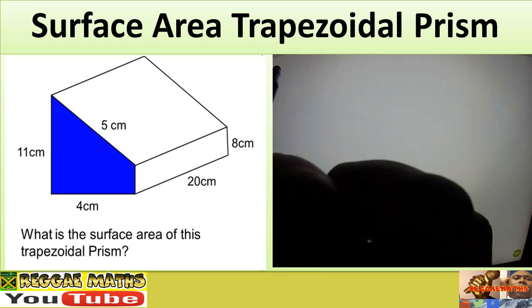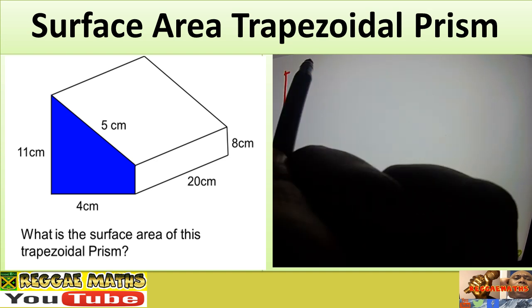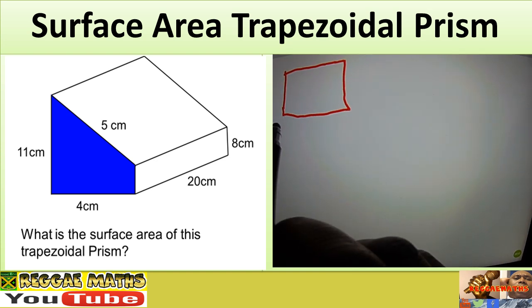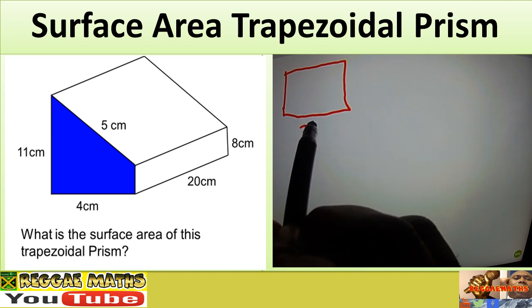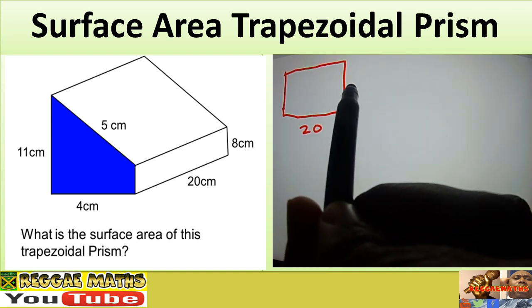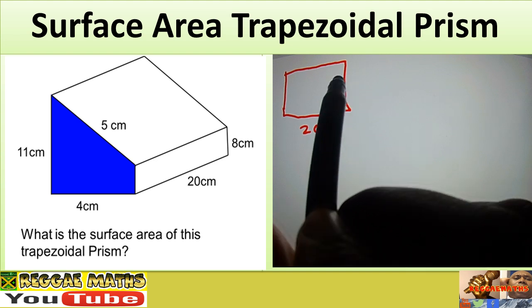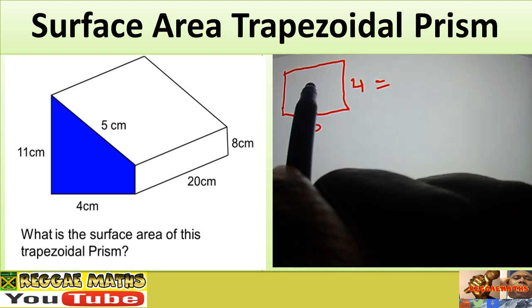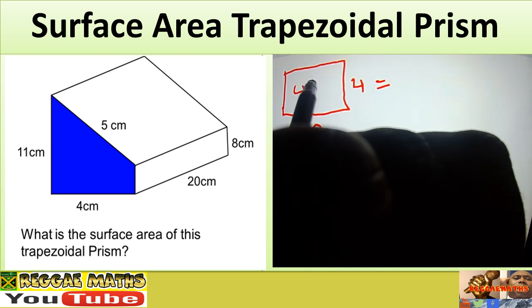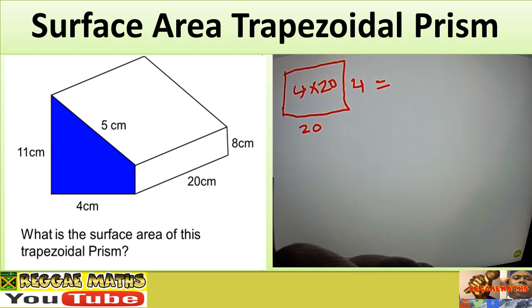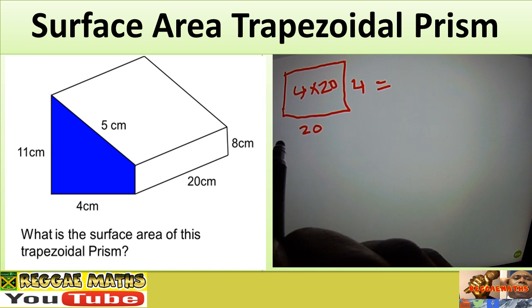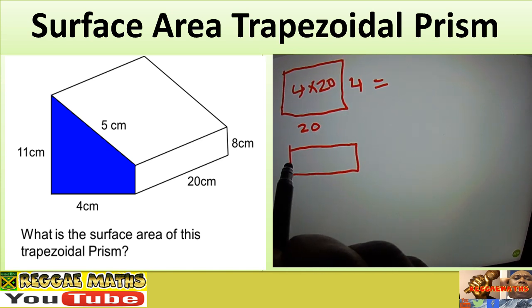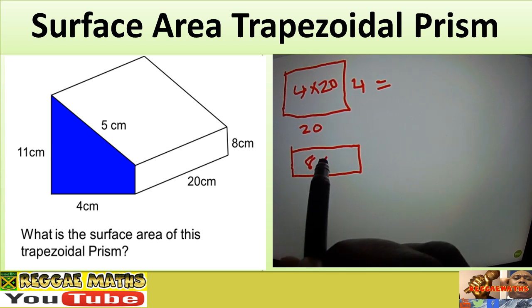The rectangle for the bottom of that shape is 20 times by 4. So that's going to be 4 times 20. Then we got 8 times 20.